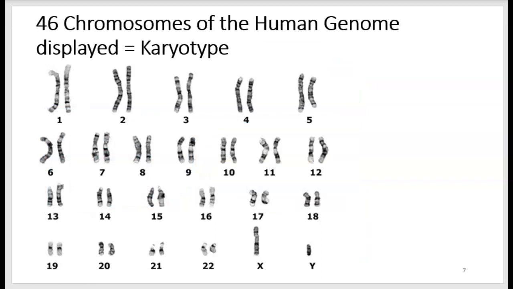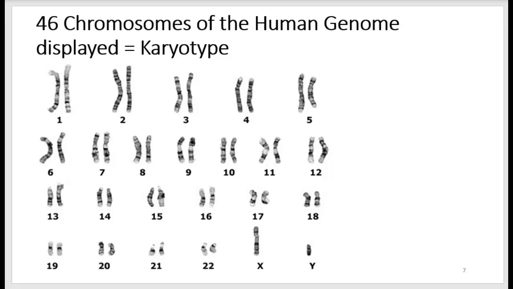Within the nucleus are the 46 chromosomes of the human genome. These have been extracted from a dividing cell, shown on this slide here, and lined up into 23 pairs. Each member of a pair carries the same type of genetic information, such as eye color, hair color, or maybe coding for an enzyme.